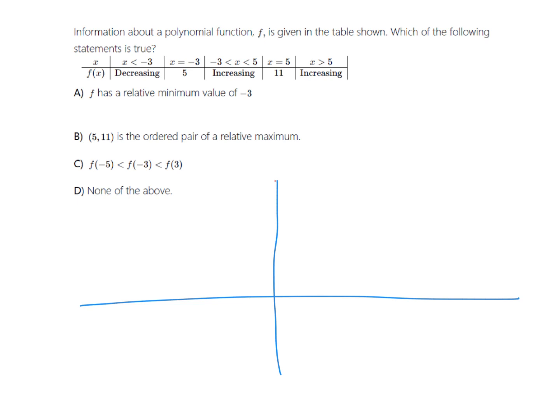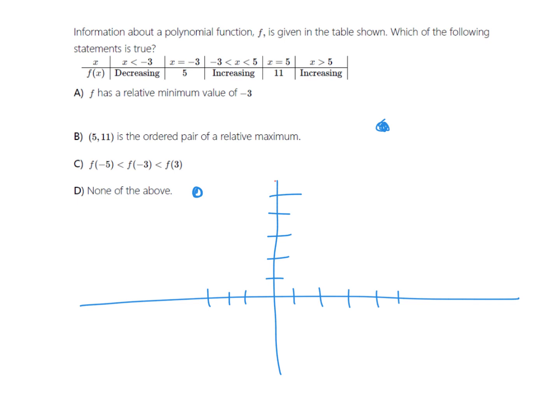So I have 1, 2, 3, 1, 2, 3, that's negative 3, and I'm going to say negative 3, 1, 2, 3, 4, 5, just an estimate. Okay, negative 3, 5. That's my first point. And the next one is 3 to 5. So I have 1, 2, 3, 4, 5, and it says 11. Let me just assume 11 is right there. I'm just guessing, just estimate.